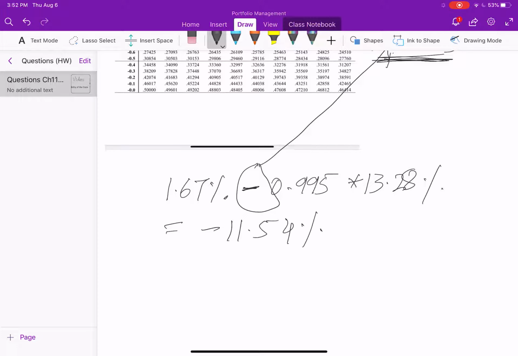So here we have an answer now with the probability of 16%.